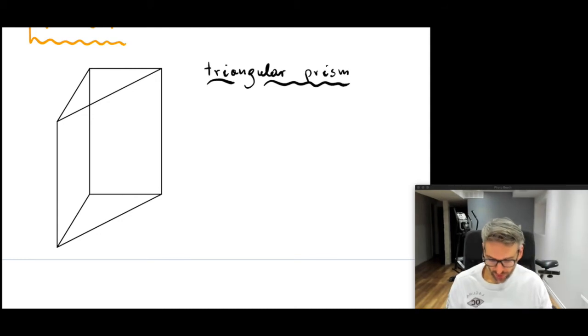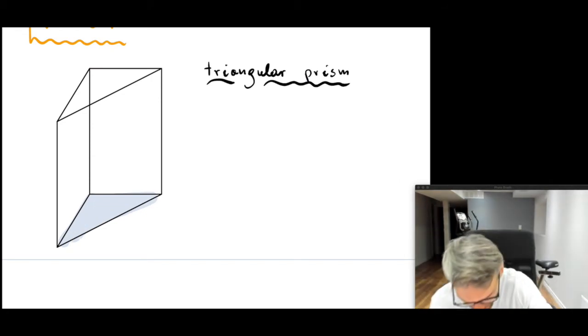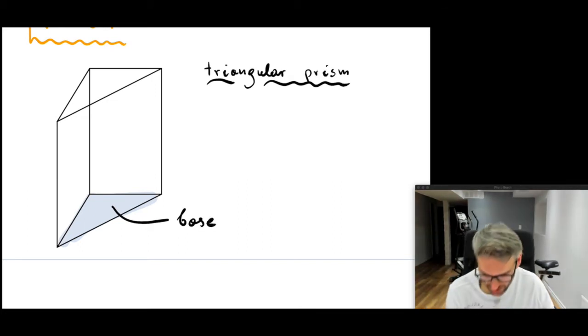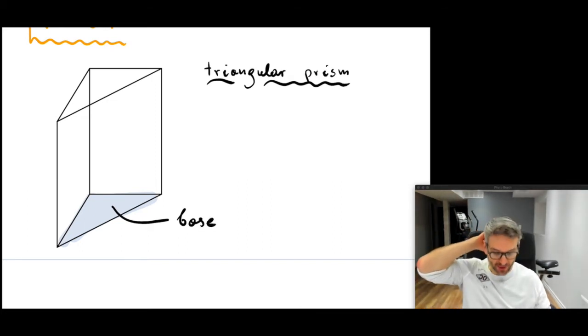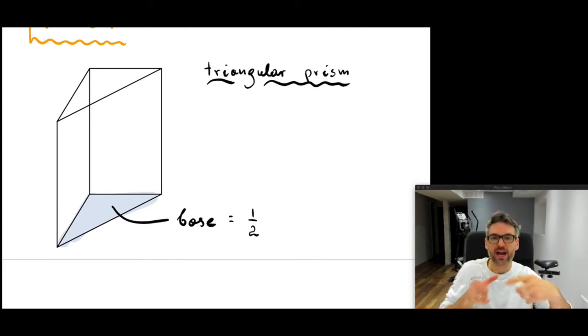Now, for the triangular prism, you still have a base, right? So this is your base that you have. And the area for the base is equal to 1/2, and it's the area of the triangle, right? So however you write it.